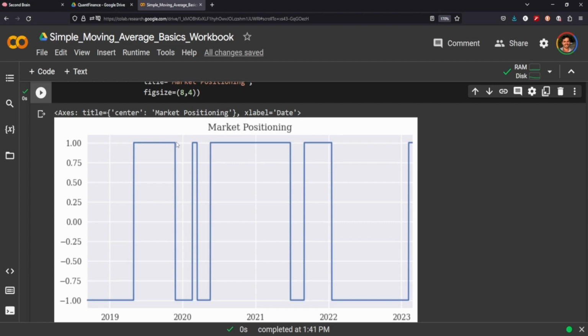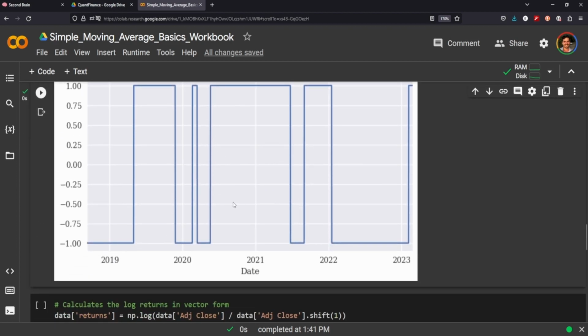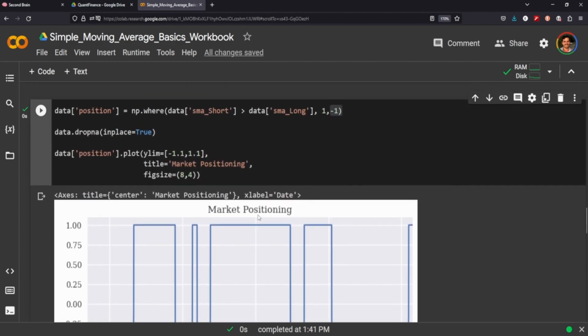We hold that position, and then we go back to a short. We have a little moment right after 2020 where we're going long again. Most of the rest of 2020 into 2021, we have a long period where we're going long, then back to short. So this should ideally match what we're seeing above.